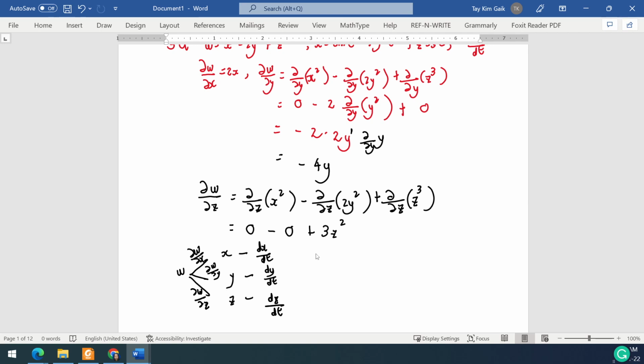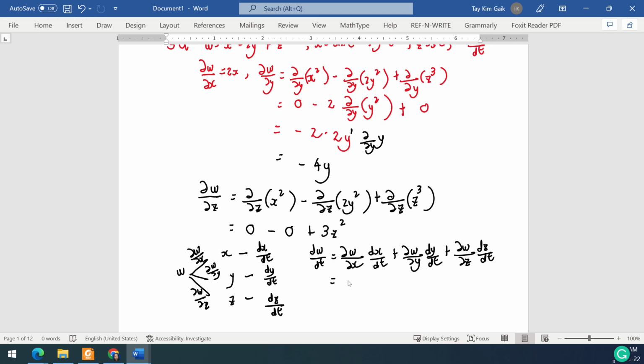So lastly, what you obtain is actually dw dt. Because if you plug in x, y, z in terms of t, lastly w is in terms of t, hence you can obtain dw dt, which is del w del x dx dt plus del w del y dy dt plus del w del z dz dt.